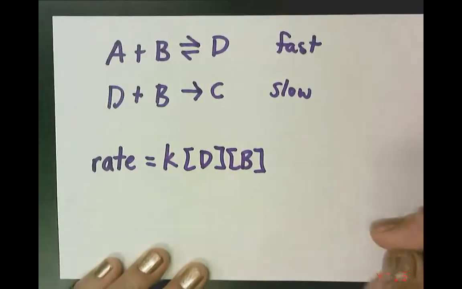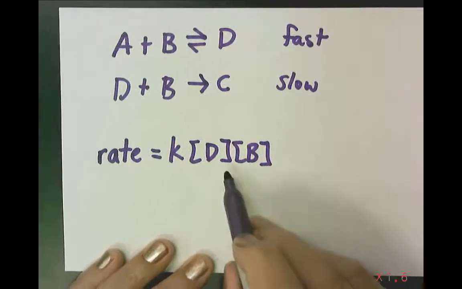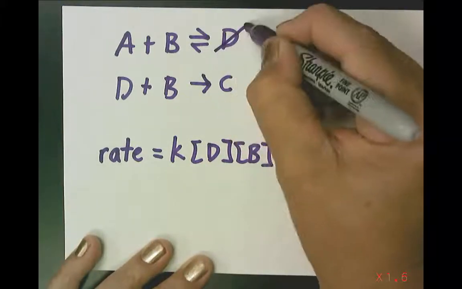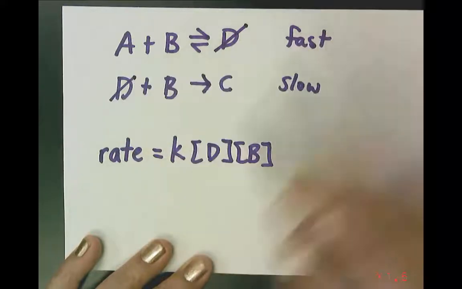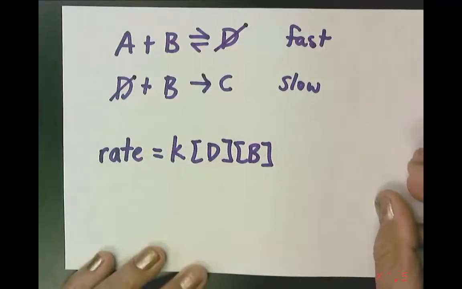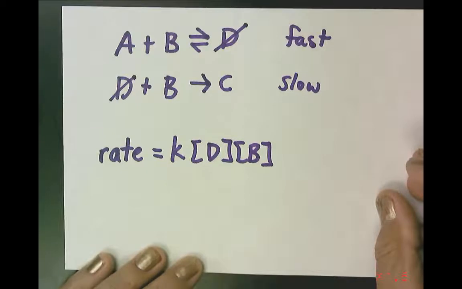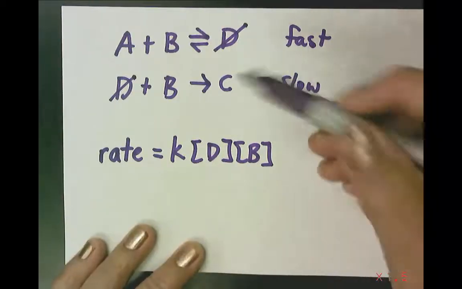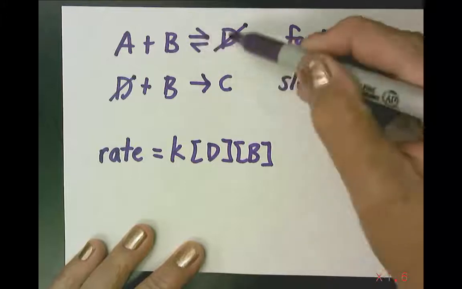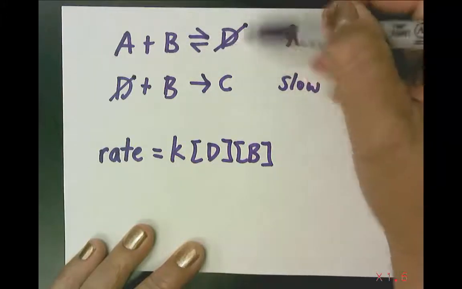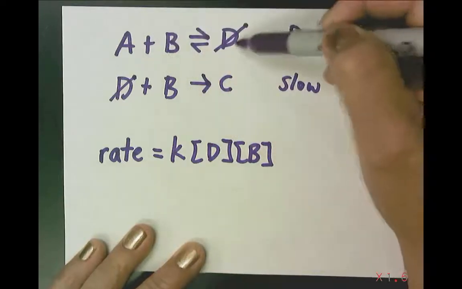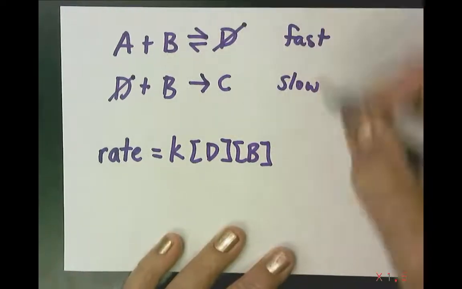But now here's the problem with this rate law. D is an intermediate. It's formed here and then it's used here, so it can't appear in the rate law. You can't have intermediates in the rate law. So how you solve that is you go back up to the fast step that is producing D, and you see what is used to get D, and you set this like an equality.